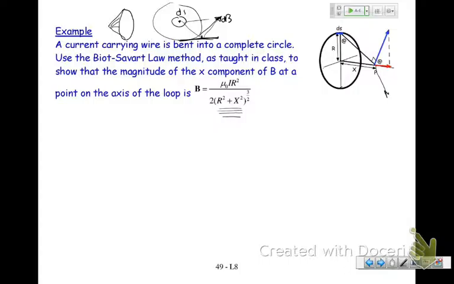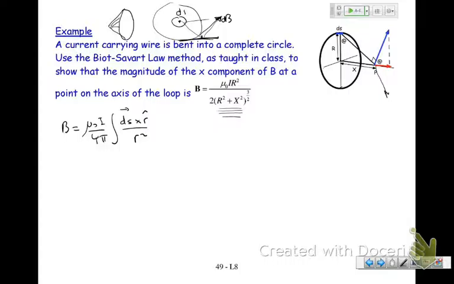I turn around and say, okay, let's have a look. Use Biot-Savart. What was Biot-Savart again? B is equal to mu naught I over 4 pi times the integral. Which way around was it? ds crossed with r hat over r squared. Yeah, so that's what we've got.